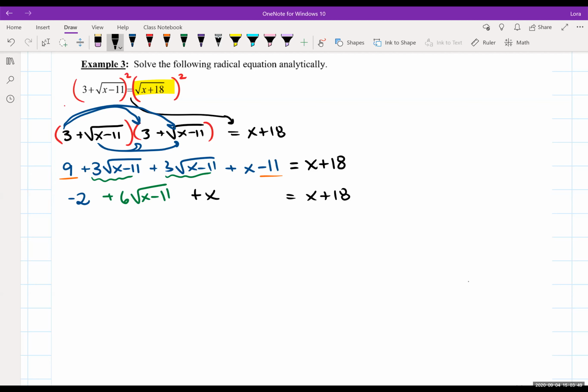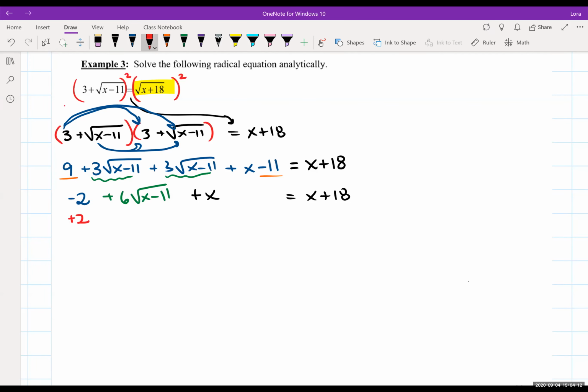Now, you did get rid of one of the radicals, but in this process, we still have a radical that is left over. So guess what? We get to repeat the process one more time. Remember, before you can square both sides, we need to make sure the radical term is isolated. So that involves subtracting or adding, depending.